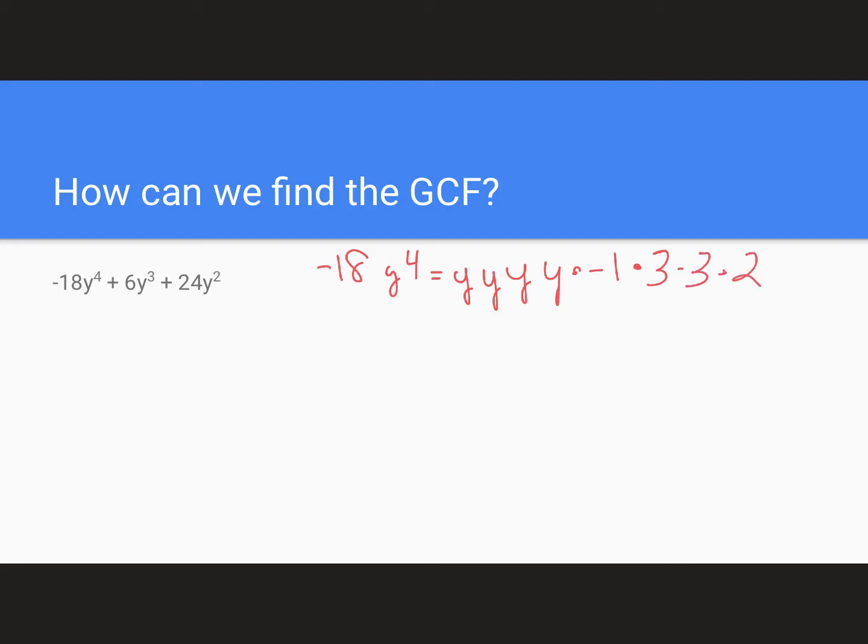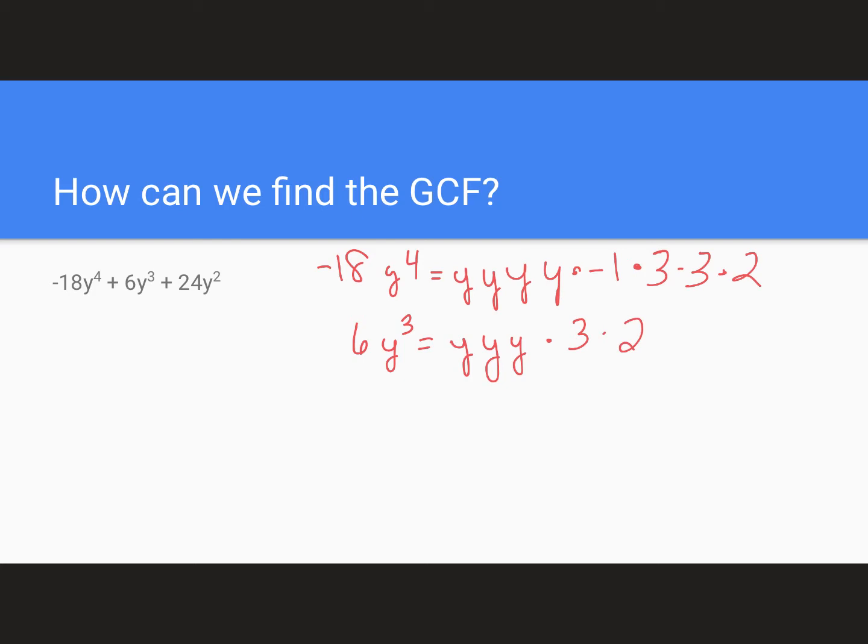And if you don't know what these are off the top of your head, you can do prime factorization on the actual number. But of course, for the y's, you're going to use the exponent to give you the number of y's. So then I have 6y cubed, and that is simply y times y times y. I've got 3 y's. Times 6 is just 3 times 2.